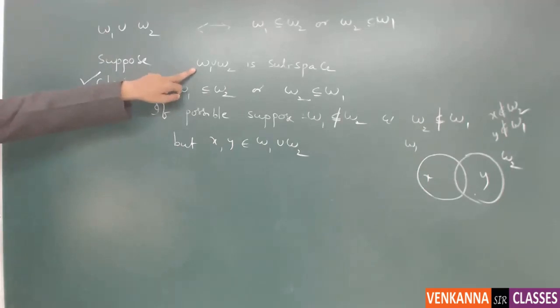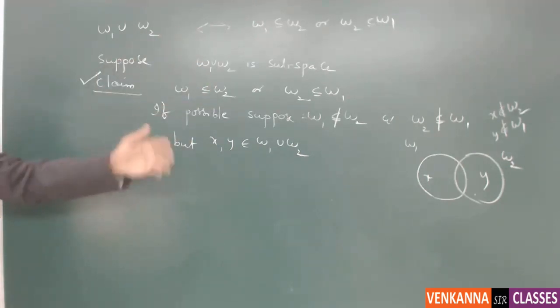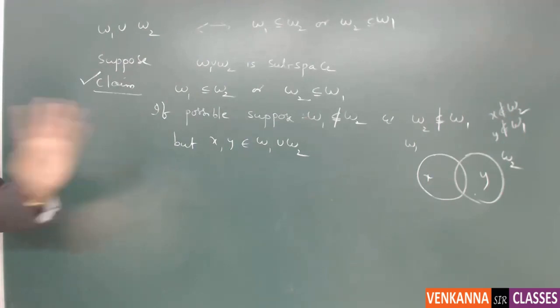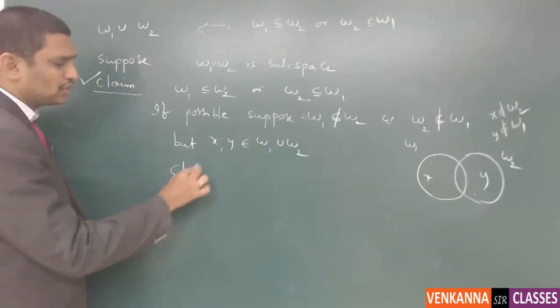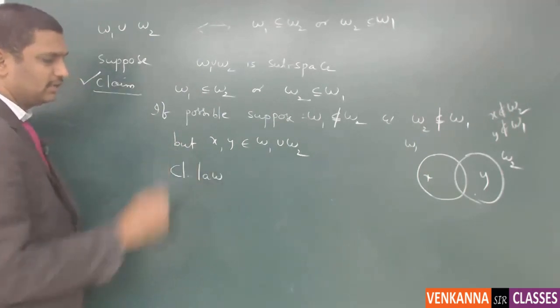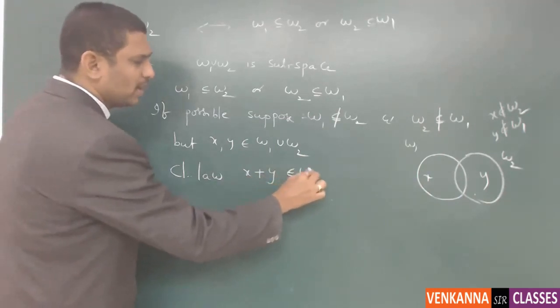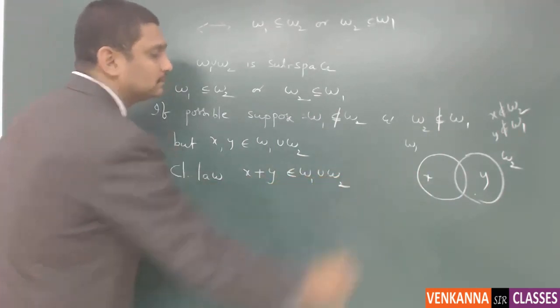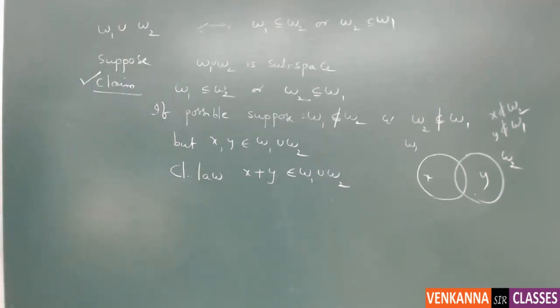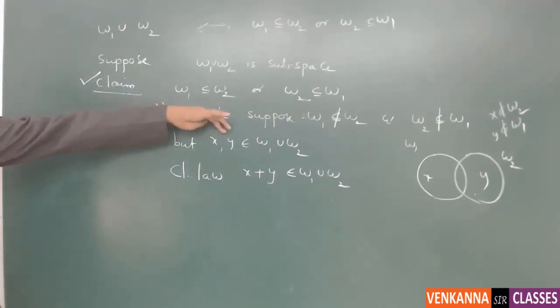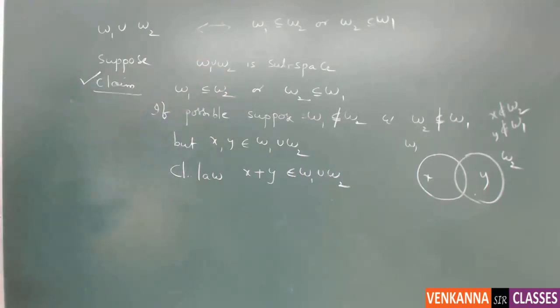From our supposition, the union is a subspace. So it is a vector space. It will satisfy all the properties, closure, associative, identity, etc. Now, from the closure property, you can say that if you add two vectors, the result will belong to the set. So I am saying that X is a value, Y is a value, both will belong to the union.